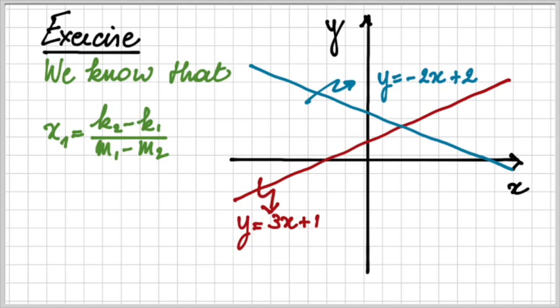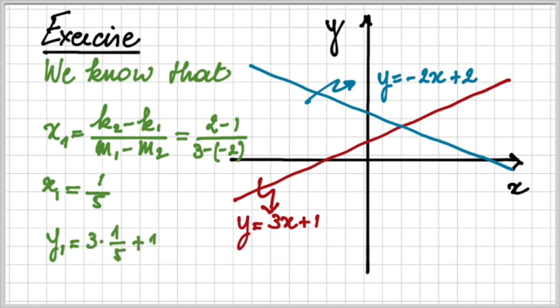The best way for you to do it is the best way how you like it and what's the fastest for you. And we find that k2 minus k1 is 2 minus 1, and m1 minus m2 is 3 minus minus 2. So we find that x1 is in fact 1/5 or 0.2.